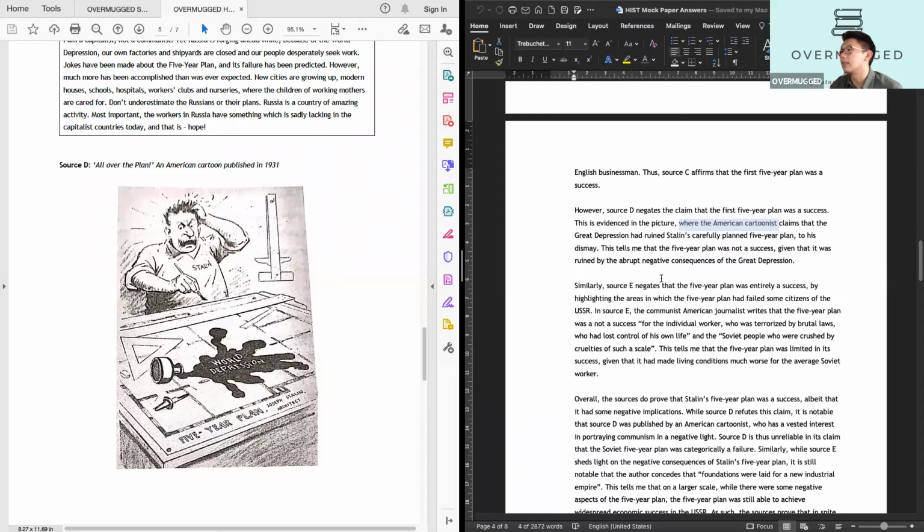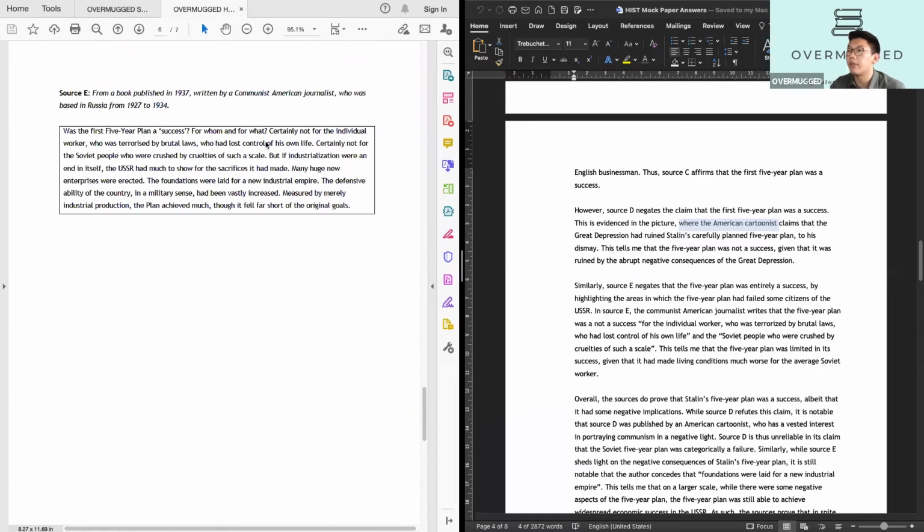But source E negates this view by highlighting the areas in which the 5-year plan had failed. Again, note how I bring in the fact that it is a communist American journalist. It's a bit of a strange context, a bit hard to understand because it is communist, but it's American at the same time. But that's not the most important thing.